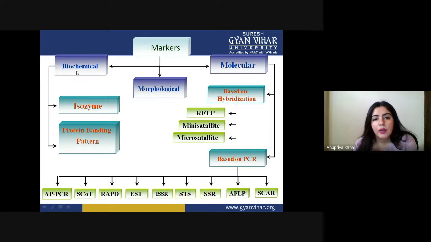Second, here is the biochemical marker, which depends on the isozyme protein binding pattern. Biochemical isozymes depend on some of the enzymes, and they are going to tell us about the cellular activities. We have a lot of cellular activities present inside the cell. Every organelle inside the cell has a unique function to perform, a unique location, and a unique function.